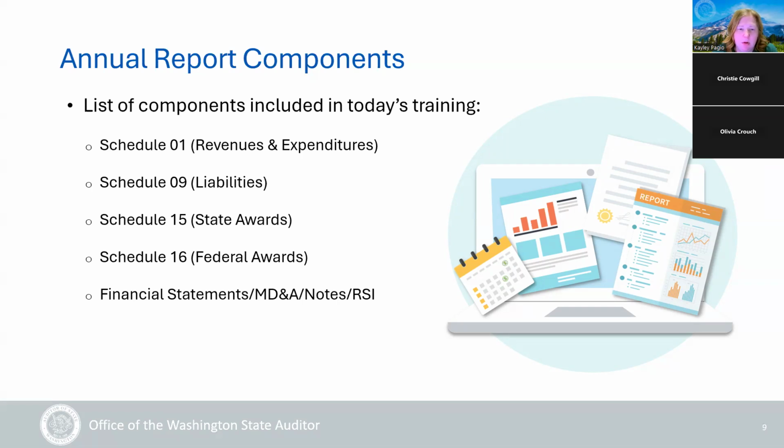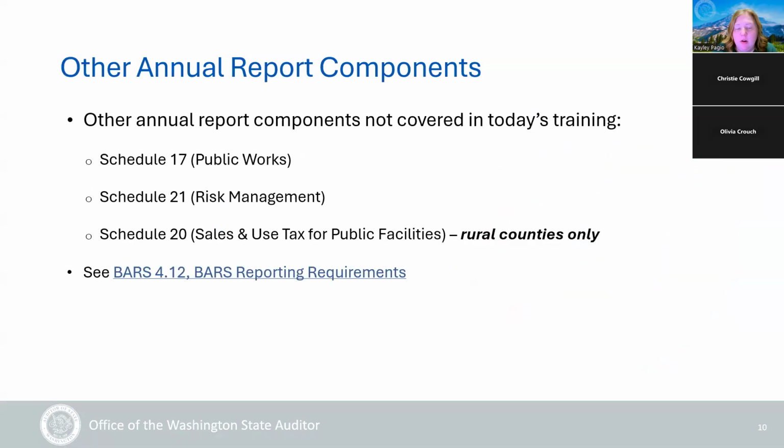These are the components we'll be diving into more, focusing on how to prepare them for the annual report. Now, keep in mind there are other annual report components that may be required based on your specific government type. Since these components only apply to a specific number of governments, and we of course are limited to 2 hours, we won't be covering these in today's training.